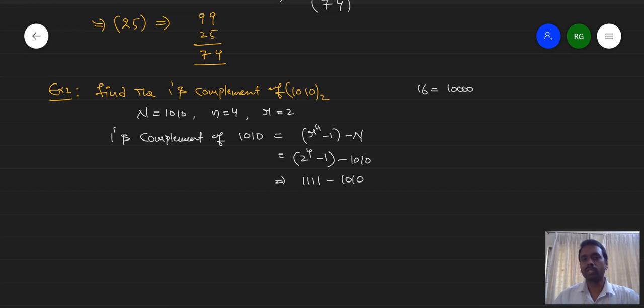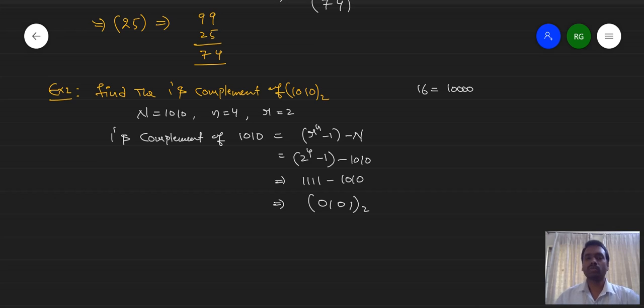If you subtract, you can see 1 minus 0 is 1, 1 minus 1 is 0, 1 minus 0 is 1, and again 1 minus 1 is 0. That is, 0101 is the ones complement of the given 1010. This is by using the formula.